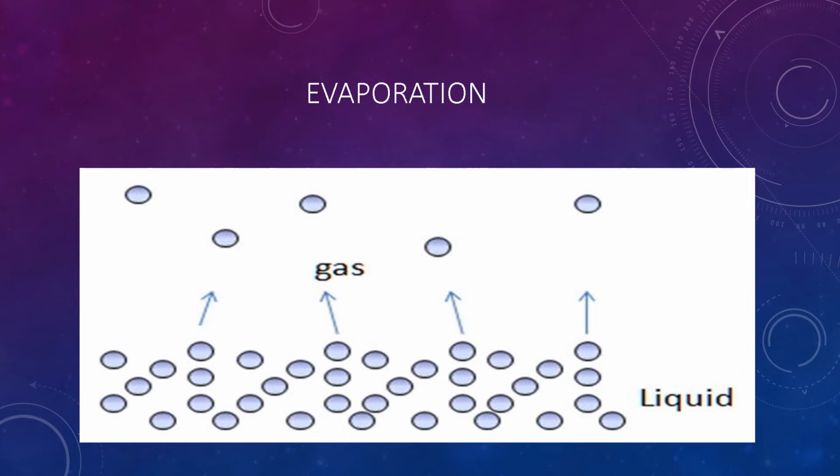So the molecules of the liquid at the upper surface are able to overcome this force of attraction because of the high kinetic energy, and at that time these molecules will escape into the air in the form of vapors, right? And this is called evaporation. Evaporation takes place at all temperatures below the boiling point.